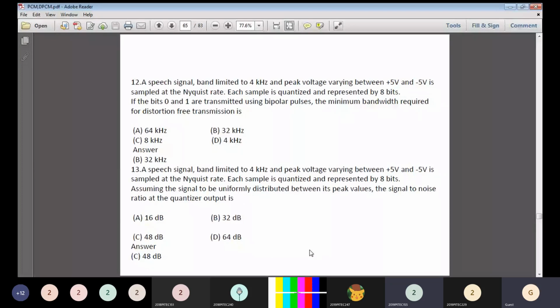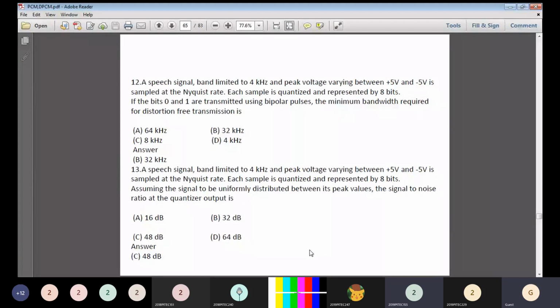Each sample is quantized and represented by 8 bits. If the bits 0 and 1 are transmitted using bipolar pulses, the minimum bandwidth required for distortion free transmission is.